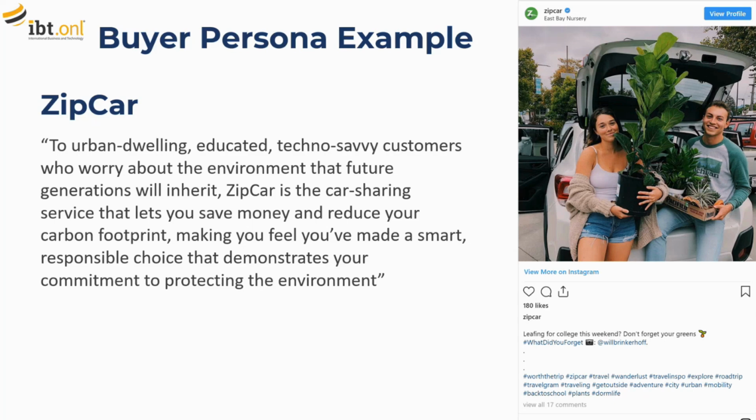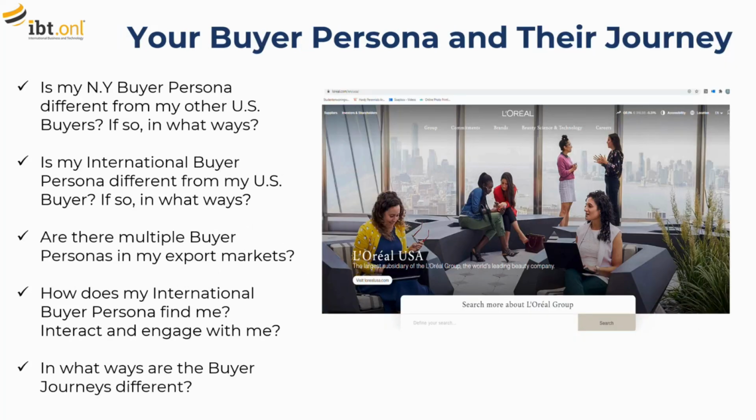When you look at buyer personas, then you're going to find out, okay, where are they on their journey, and are they in different places, and is my buyer persona in Florida different from my buyer persona in Maine or California or Canada or Tokyo? In what way are they different? Are there multiple buyer personas, just like there are multiple ICPs, ideal corporate profiles?